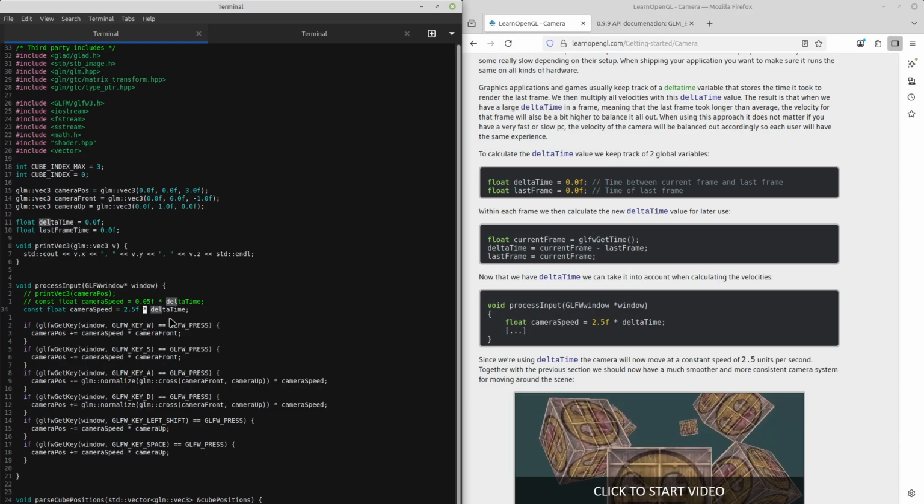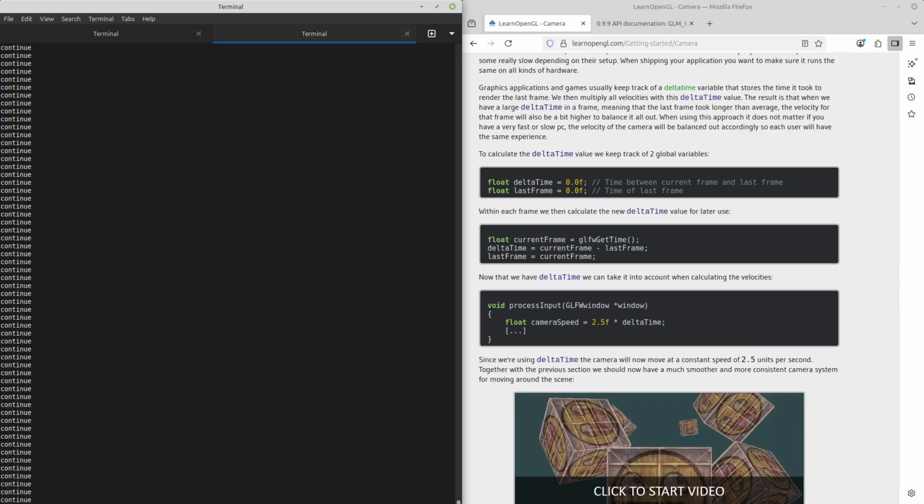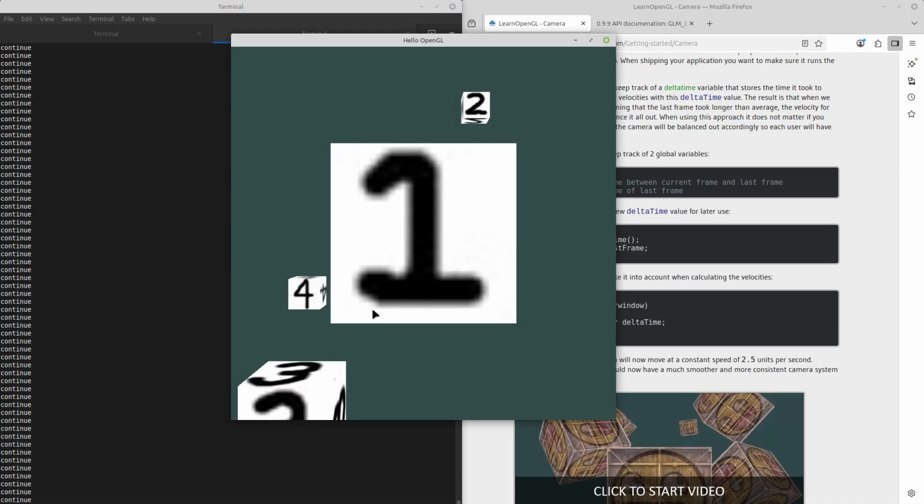So if we... The problem is we're probably hitting this process input so rarely. It's causing some issues. Probably hitting it never. But why are we hitting it never?